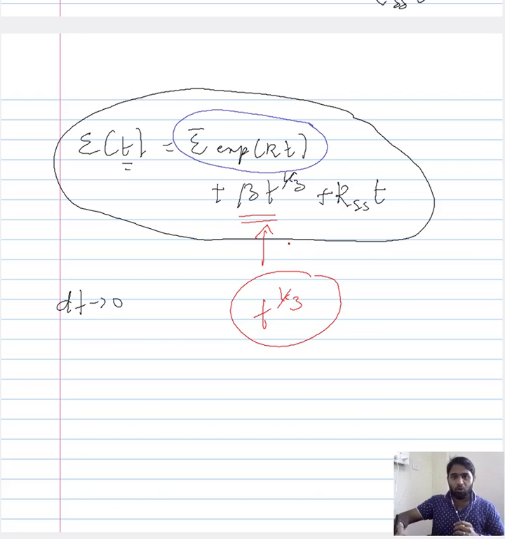Since we have already introduced a term that denotes the instantaneous strain exhibited by the material, this is only valid when you have a constant creep rate condition.